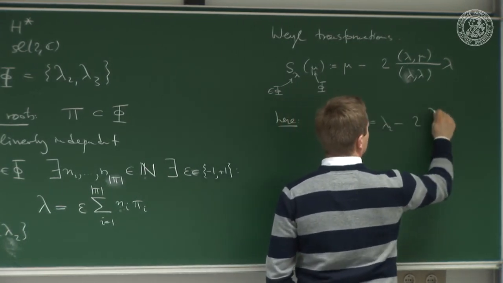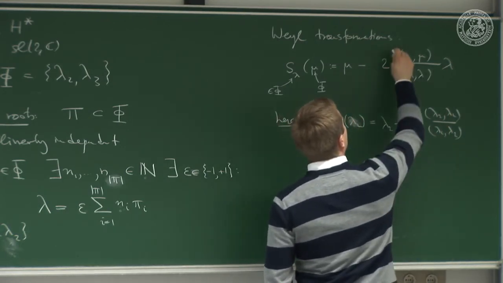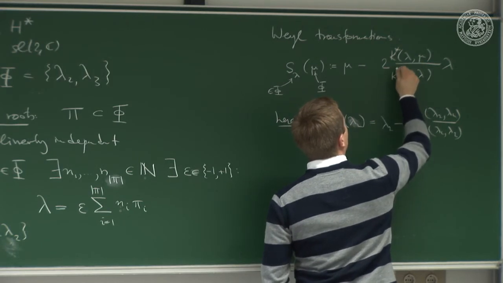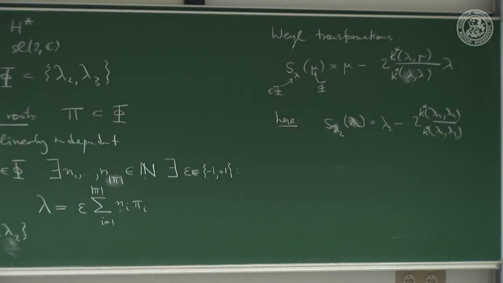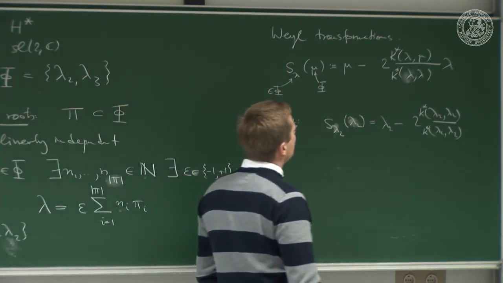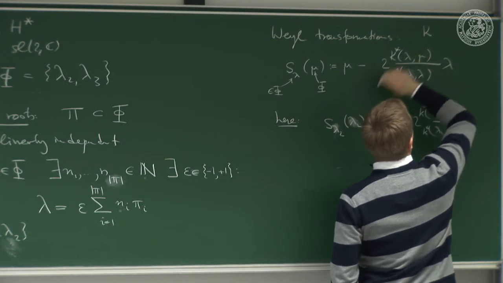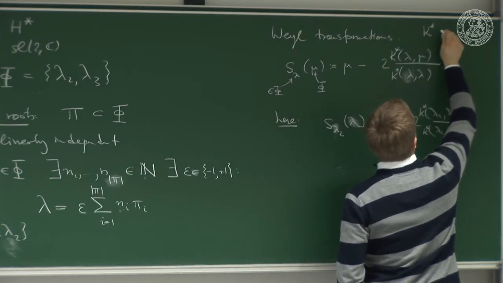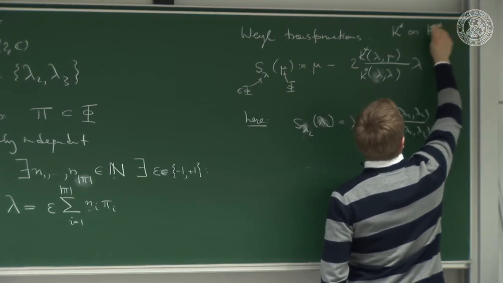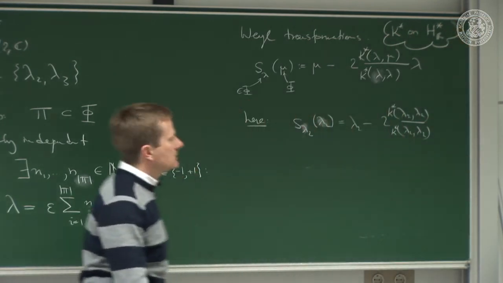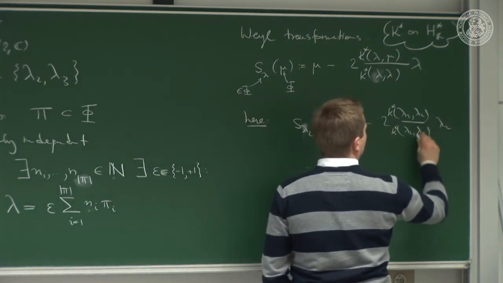This is lambda 2 minus 2, lambda 2, lambda 2 by lambda 2, lambda 2. And here, of course, by these brackets, I mean the dual of the Killing form, restricted to the realification of the Cartan subalgebra. So K star is the dual Killing form on the realification of the dual Cartan algebra. Okay, well, here lambda 2, but of course this is 1.